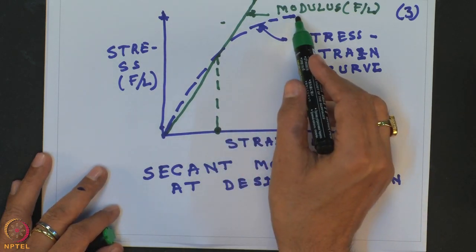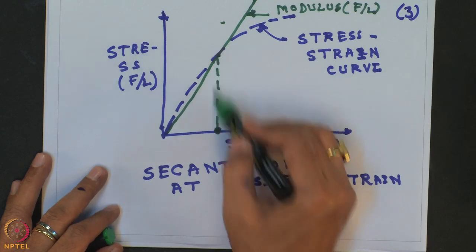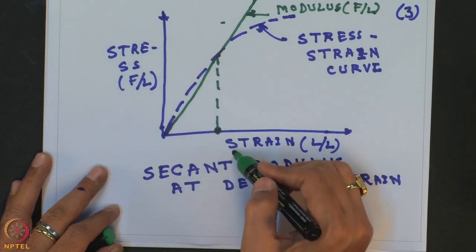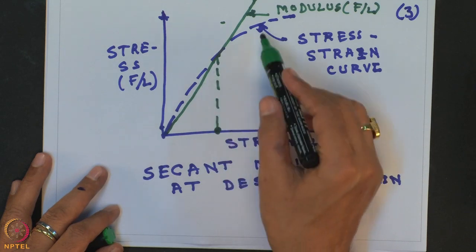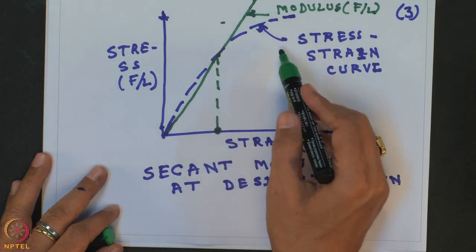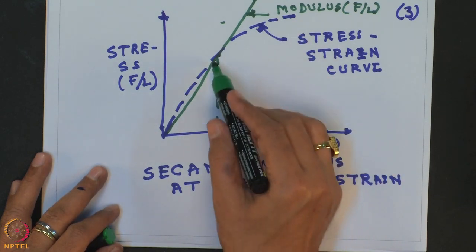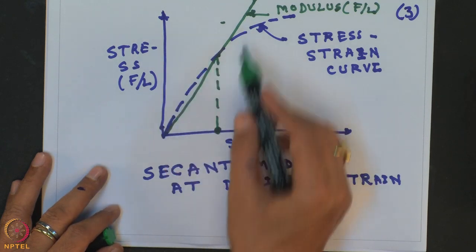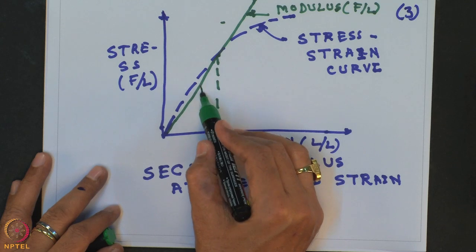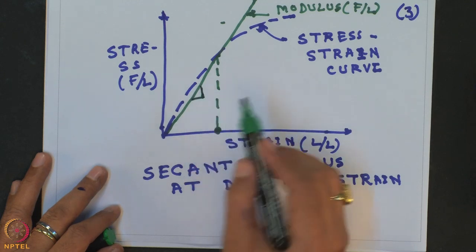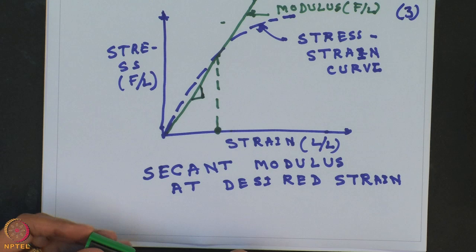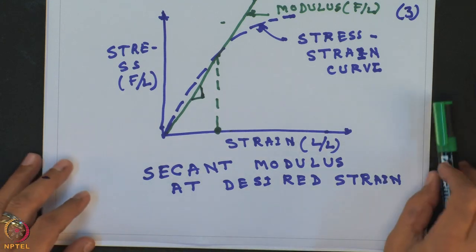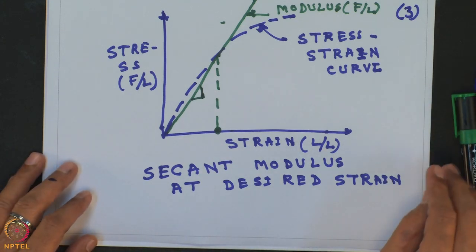If this is the peak value, you can take half of the peak value with corresponding strain, or 1/3 to 2/3 of the corresponding maximum value, or you can decide any strain value, and then you will know the slope of this line, which will give you the second modulus of the geosynthetic material.